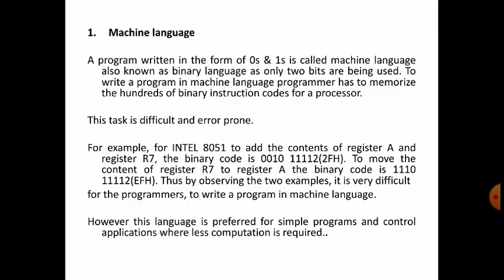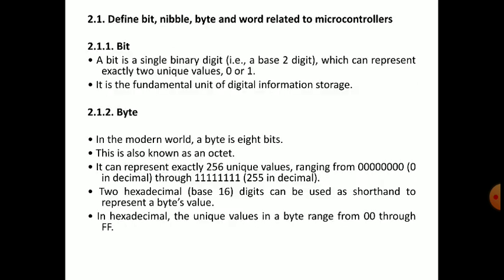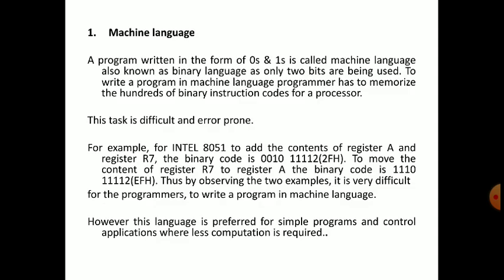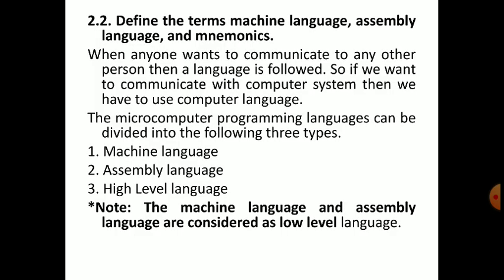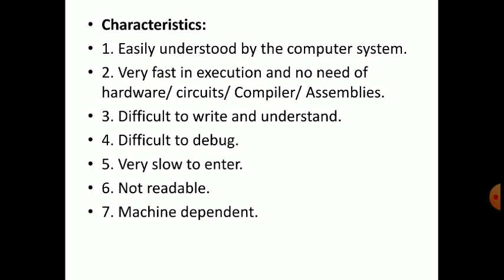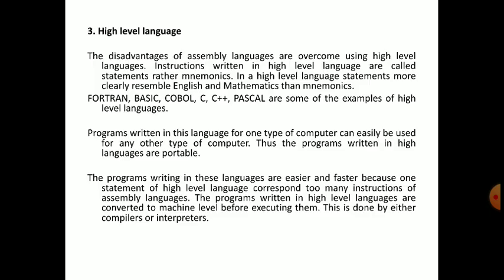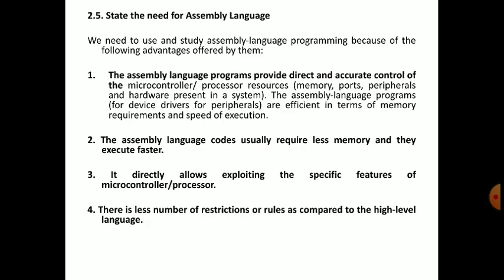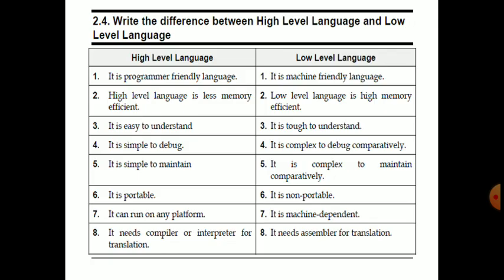So please revise these topics whatever we have discussed today, though they may be easy compared to the first chapter, that is bit, byte, nibble and words and the machine language. Some of you may already know these words and definitions also, and we will see the next objectives in tomorrow's class.